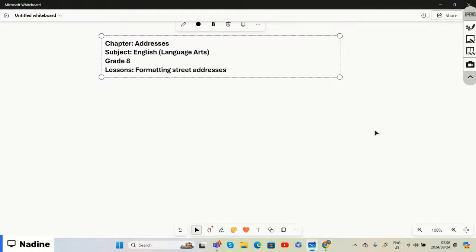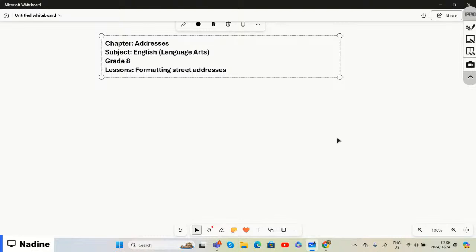All right. So when it comes to street addresses, before we even go to addresses, in our previous lesson we did capitalization and we spoke about the different words, titles, monuments, and historical events that we need to capitalize.